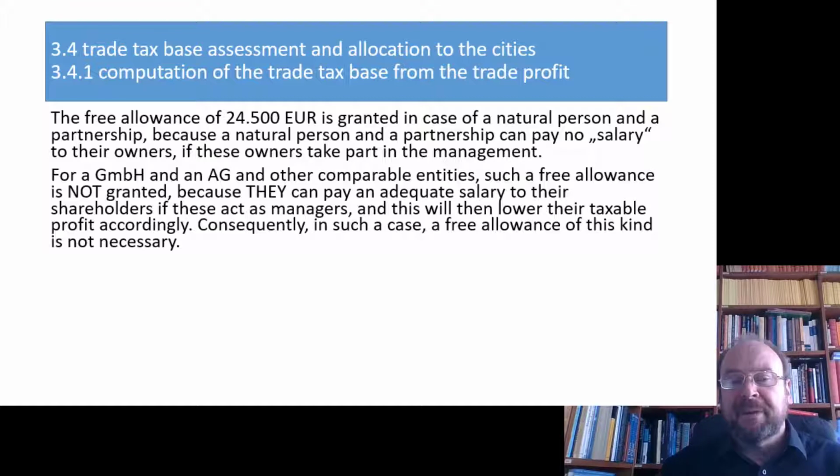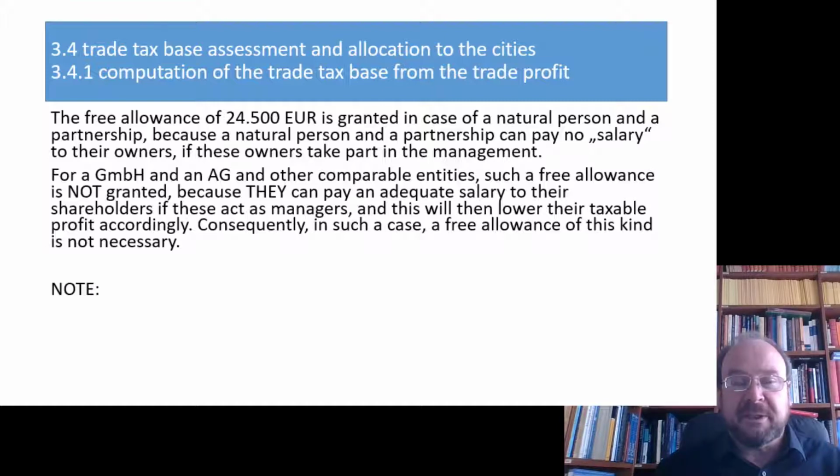So they don't have the problem that the work of the owner is not paid for. So therefore you don't get free allowance if you are a GmbH or an AG, because then you can deduct the real actual wage payments. And so your profit is already lower than that of your natural person competitor.